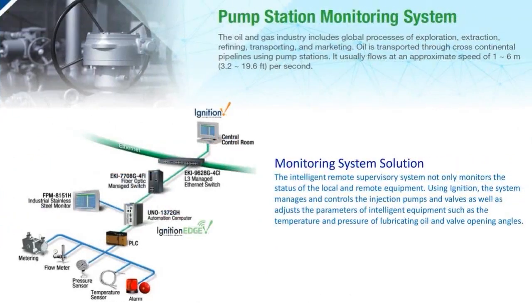And a fairly typical application, so another pump monitoring solution. So in this case, they had a local PLC and control system, but really wanted to add in remote connectivity. So again, using Ignition Edge on board an automation computer, in this case tying through a fiber network that they deployed using fiber ring switches and back into the Ignition central control room.